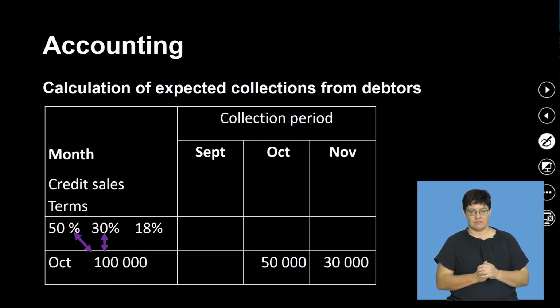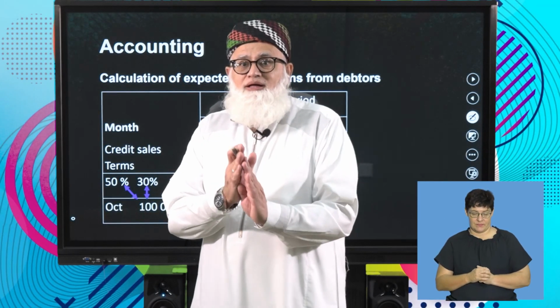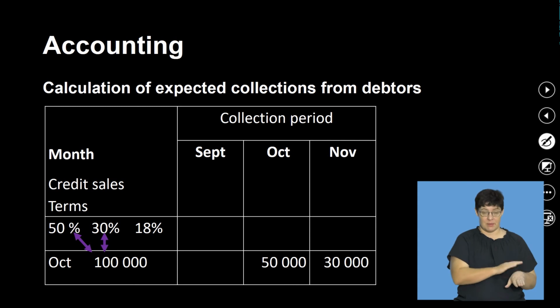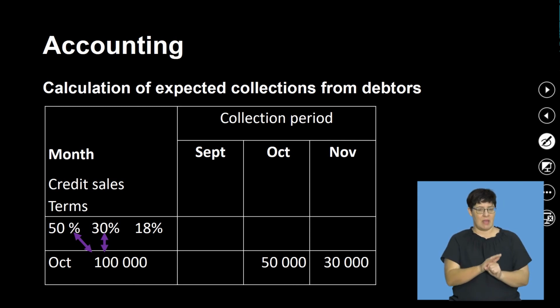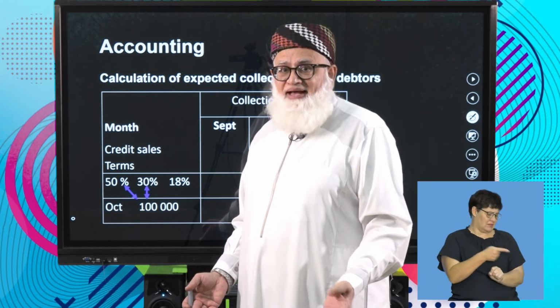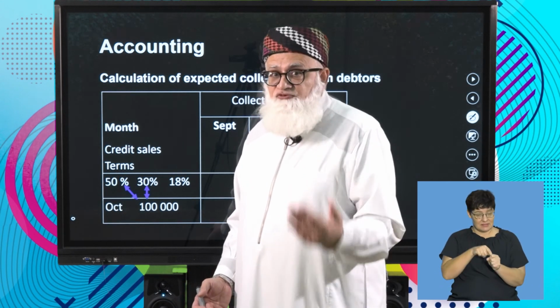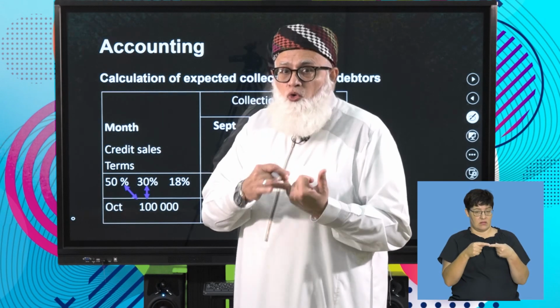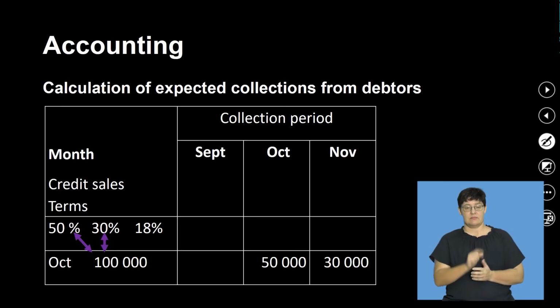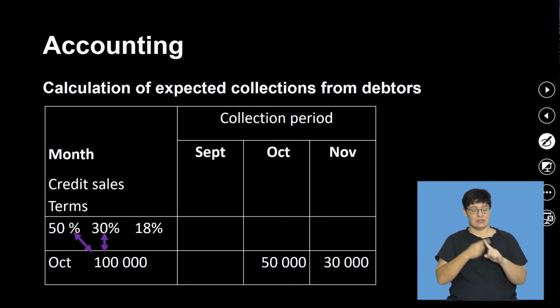Okay, next one. We now move into October. Remember, if you're looking at your collection period, October can't impact on September because it's the month prior to the credit sale. How will October impact? It will impact in the following manner. October will be 50%. Let's do that first. 100,000 times my 50%. We're not going to use a calculator for that one.